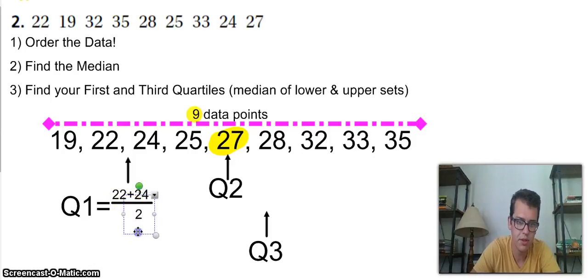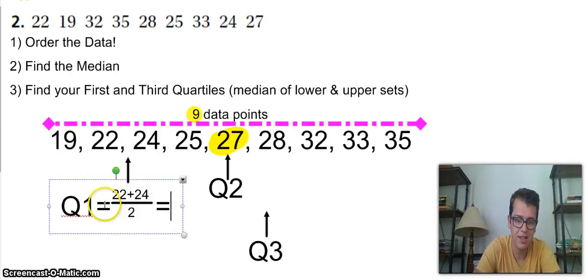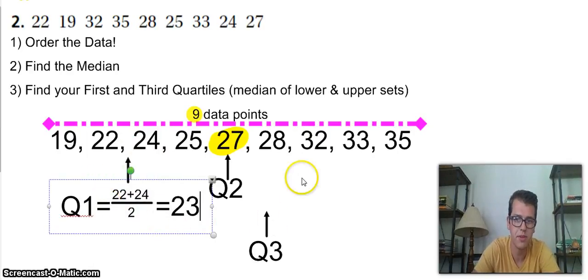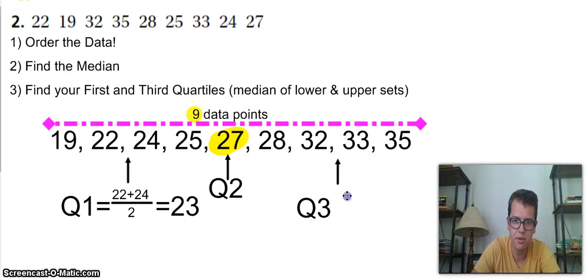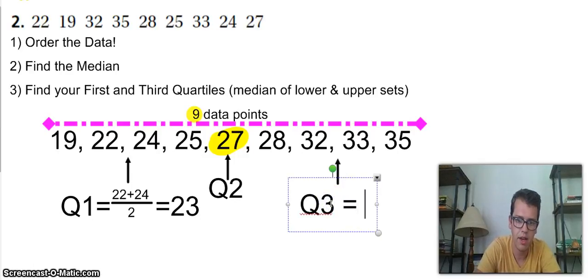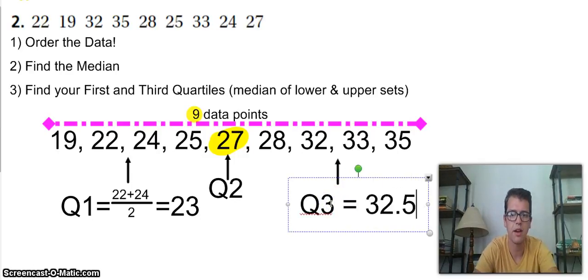You should have been able to realize on your own that right between 22 and 24 is 23. It's a little bit harder when I have some decimal values. But I'm going to have to do the same thing to find the third quartile up here. Right between 32 and 33, we can just figure that out on our own. That would be 32 and a half.